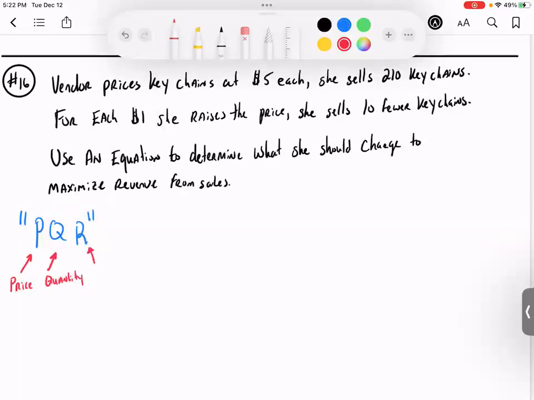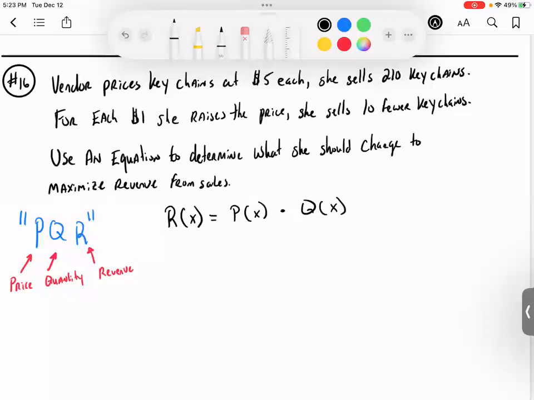So in short, when you look at them in terms of functions, we say that the revenue function R of x is equal to P of x times Q of x, right? Revenue is equal to price times quantity. But again, just think of it as the acronym PQR.